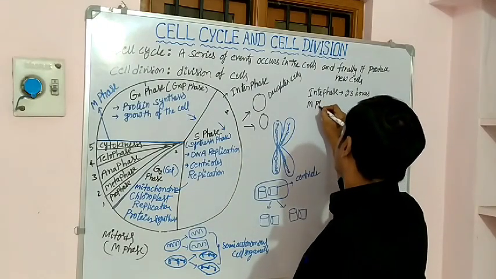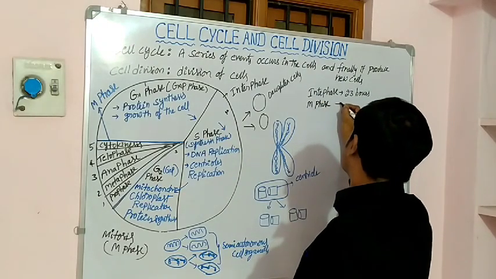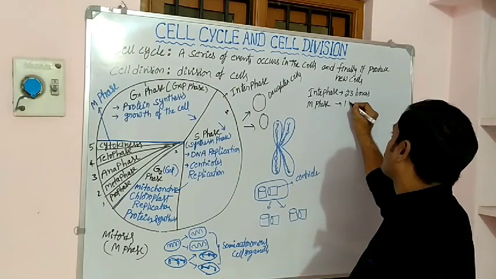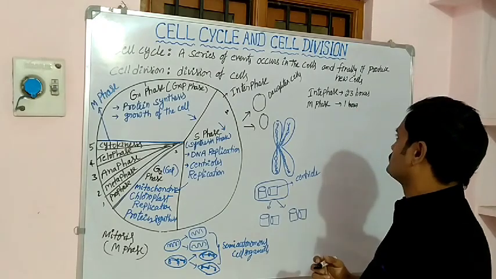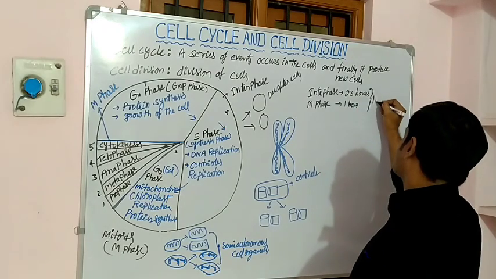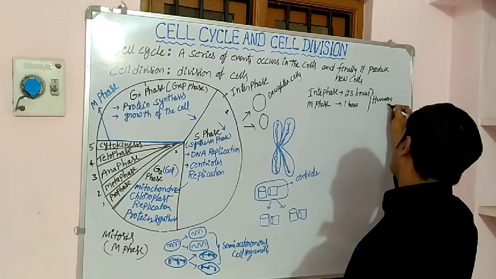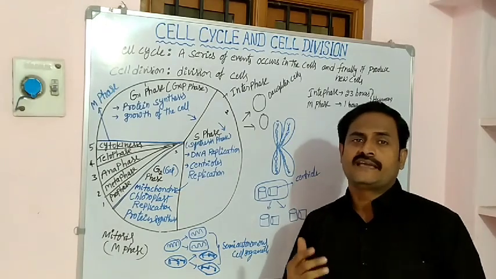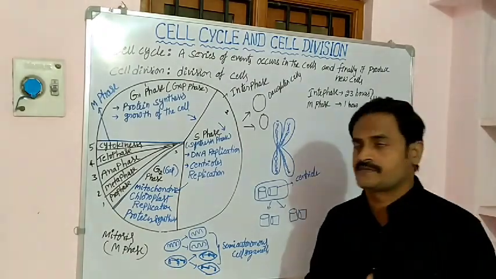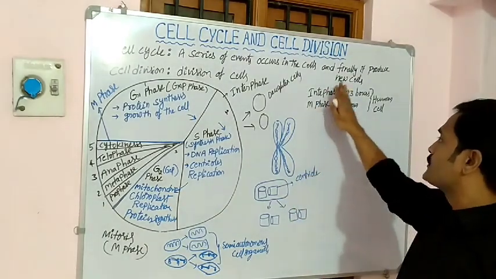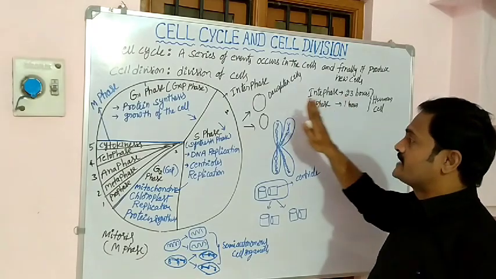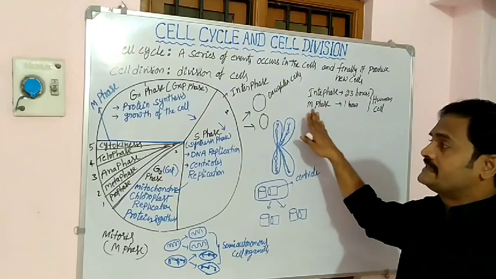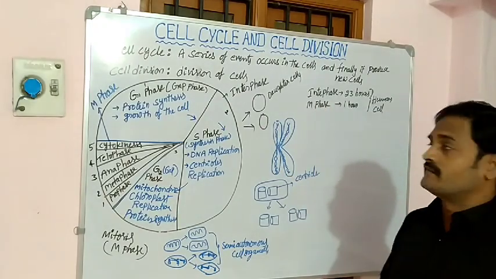M phase. To complete this M phase, it takes only about 1 hour. Remember, this is in a human cell, but other organism cells have different cell cycle times.